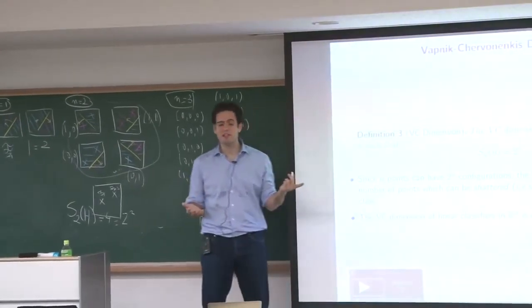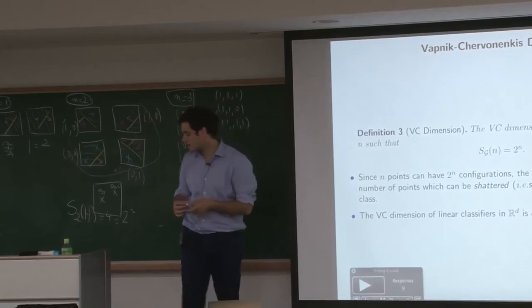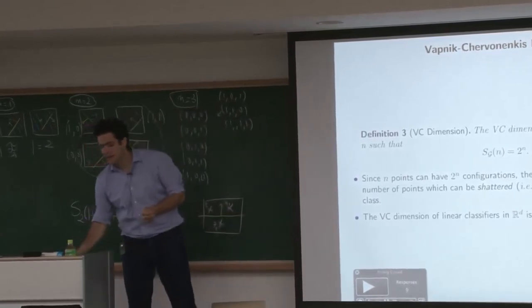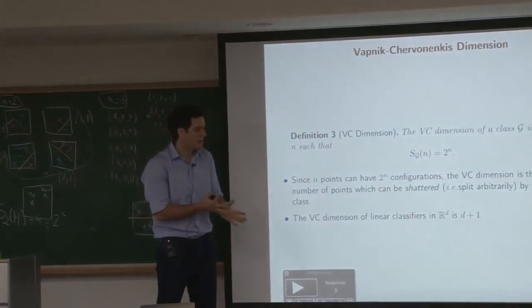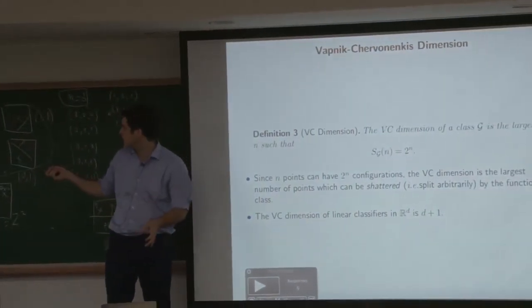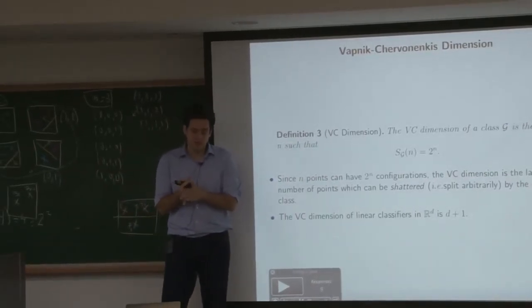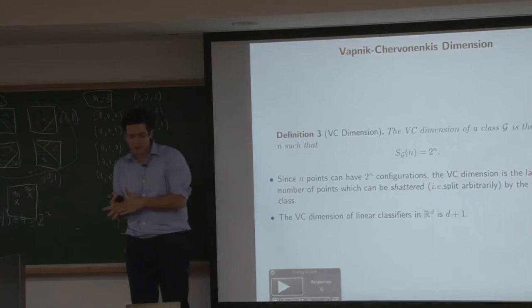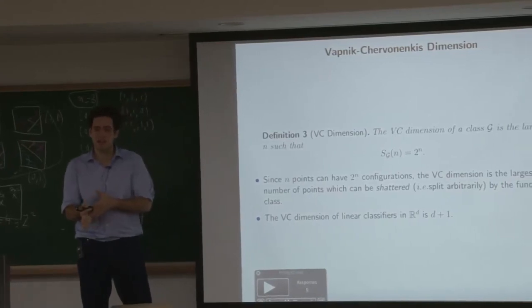There are some labelings that are not accessible to your function class. And so this is the VC dimension. The VC dimension of linear hyperplanes in the plane, in R^2 where d equals 2, is exactly 3. So it's very important to see this as a quantification of how complex the function class is.